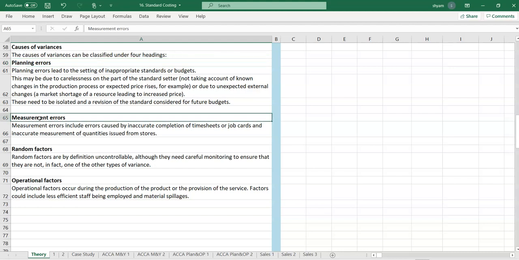The second one is that the measurement is wrong, either the measurement in terms of the standard or in terms of the actual. For example, we can take labor. We thought the employees will work for 100 hours, but they have worked only for something like 80 hours.